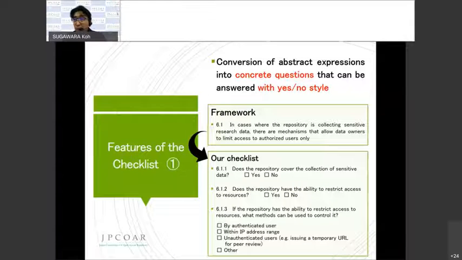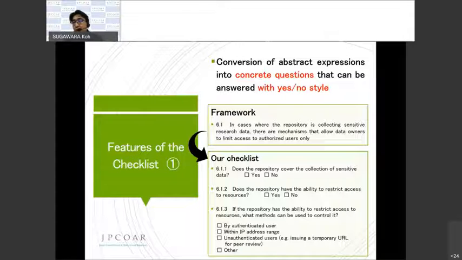In 6.1 of the framework, it asks whether, if a repository collects sensitive research data, there is a mechanism in the repository to restrict access to authorized users only. We have developed 3 related checks from this single sentence. Specifically, does the repository cover the collection of sensitive data?